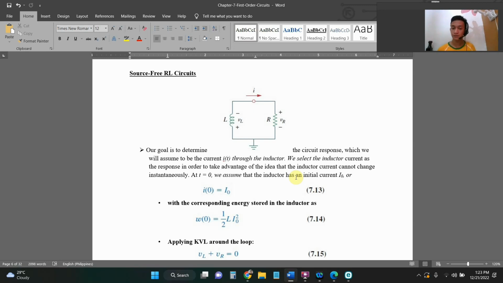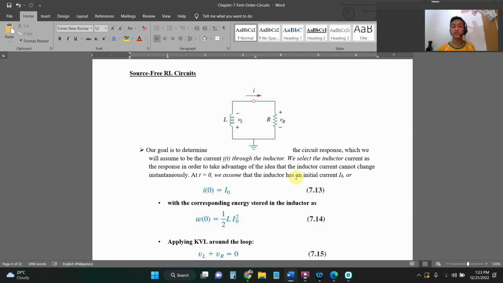So we assume that the inductor has an initial current of I sub 0, quite the same as the capacitor: i(0) equals I sub 0.